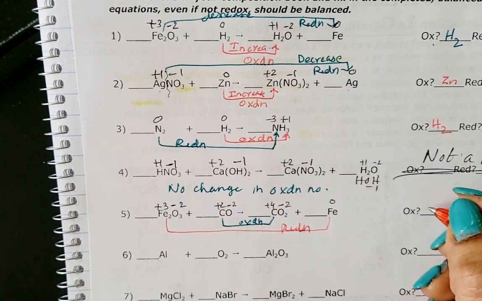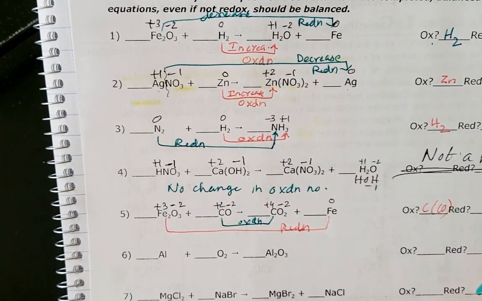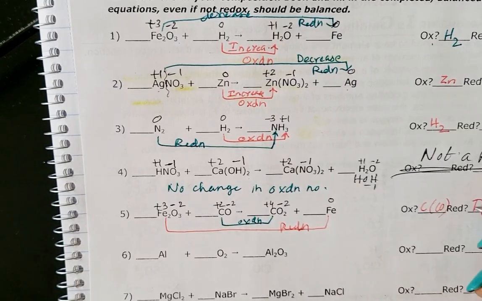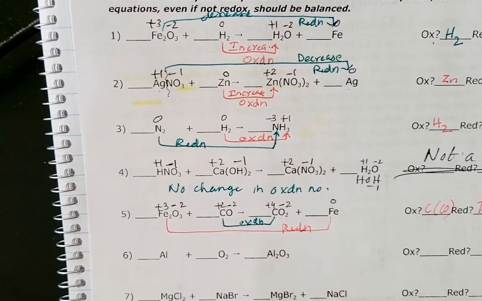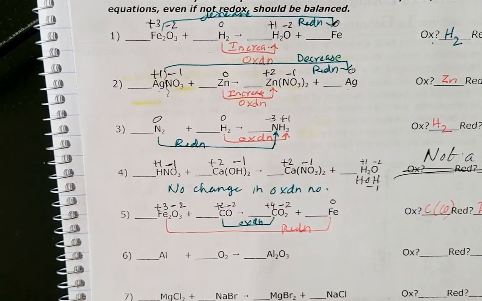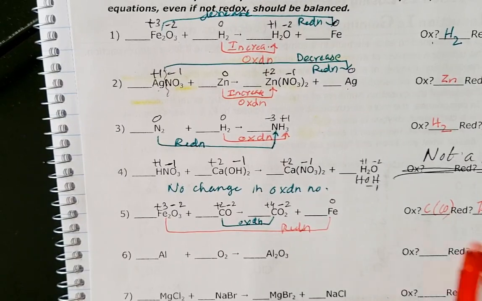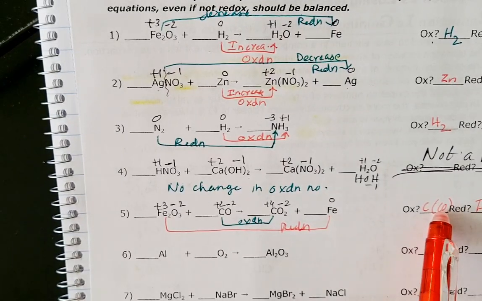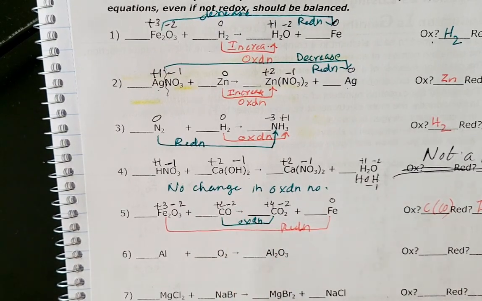Oxidation is C from CO. You can write C from CO. And reduction is Fe3 plus from Fe2O3. No, you can just write the reactant's name, just showing which atom undergoes change.